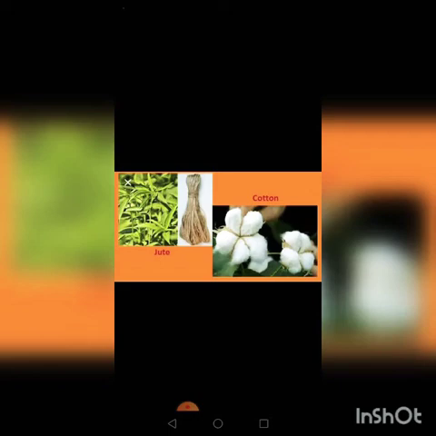Nowadays you get very beautiful, very costly jute saris also. They look very good, very comfortable to wear, and because it's a natural fiber, it's good for your body also. So jute and cotton are two fibers that we get from plants.